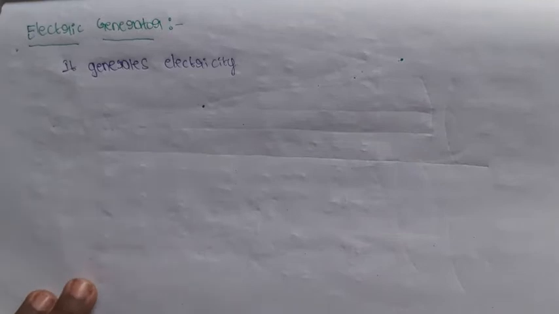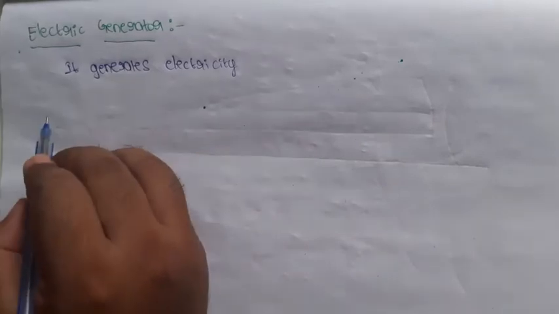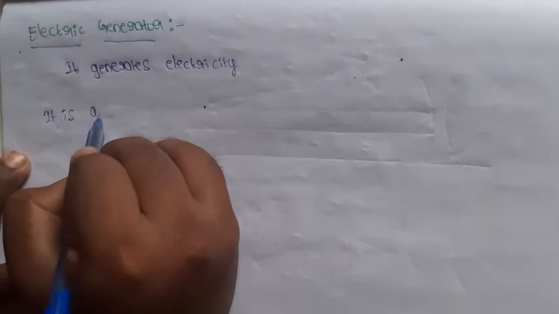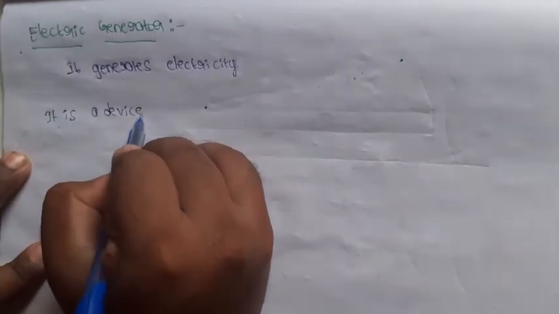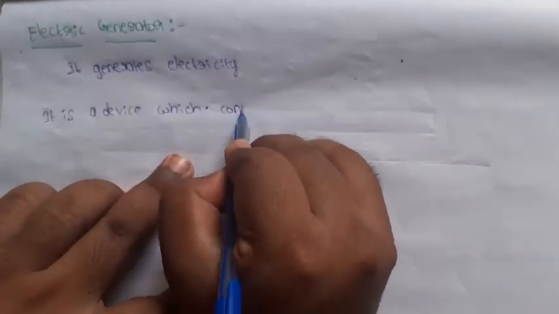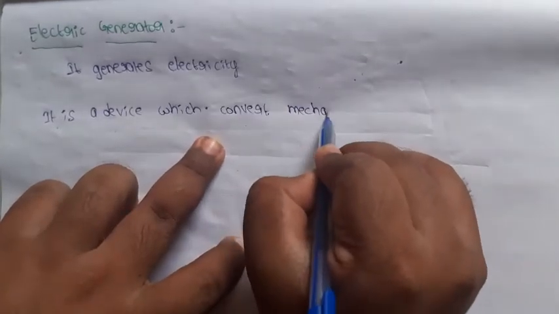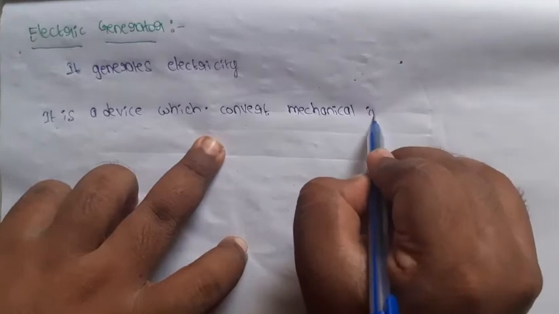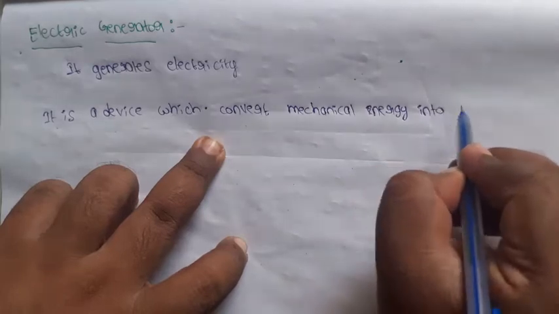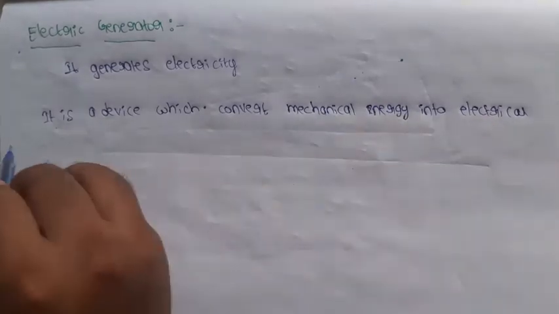Now, what is the definition of electric generator? Electric generator is a device which converts mechanical energy into electrical energy.